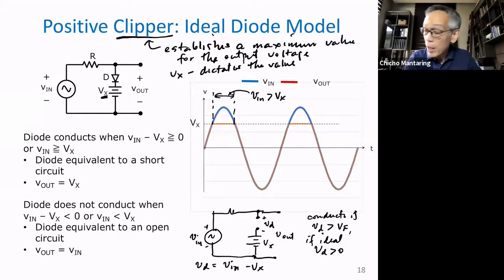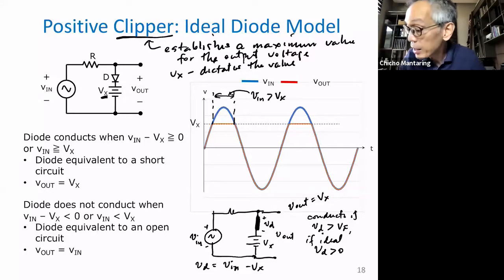Okay, when the diode is conducting, it's equivalent to a short. And if it is a short, V out is equal to V of X.